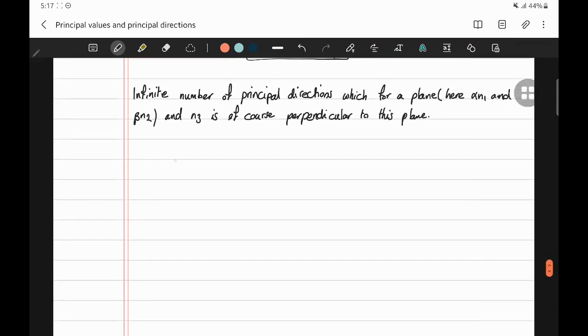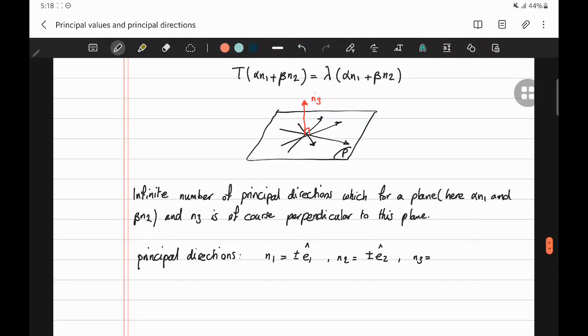So basically, if we have the principal directions, then we have n1 as plus minus e1, n2 as plus minus e2, and we have n3 here, which is perpendicular to any combination of n1 and n2. So this is equal to alpha e1 plus beta e2 here. I'm not going to put plus minus here because alpha and beta can both be positive and negative, so I just put plus here.